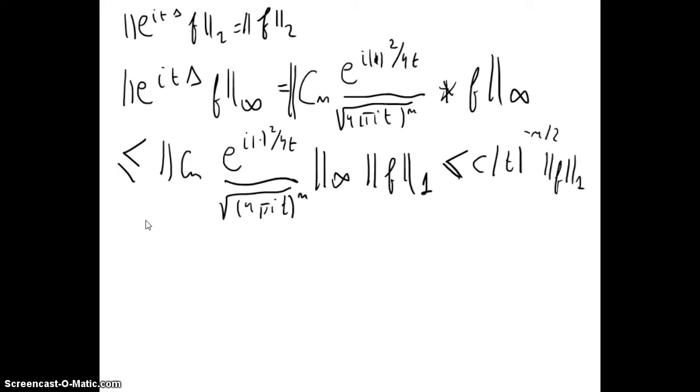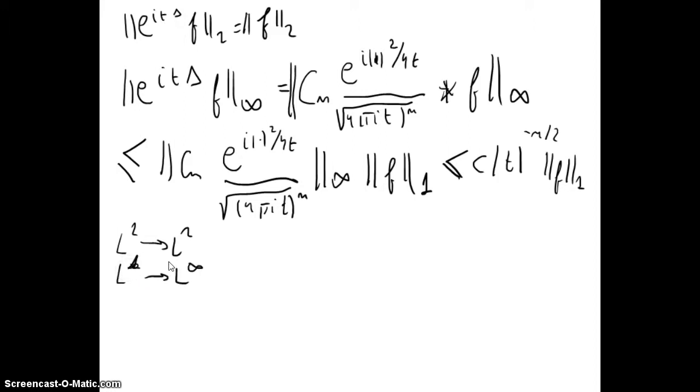Now we can use the Riesz-Thorin theorem, because we know that we have an operator bounded from L2 to L2 and from L1 to L infinity.